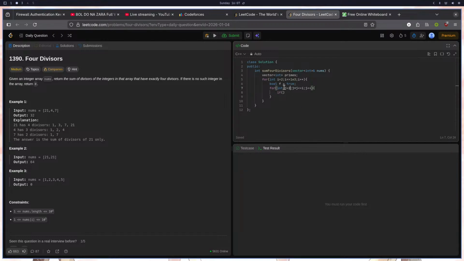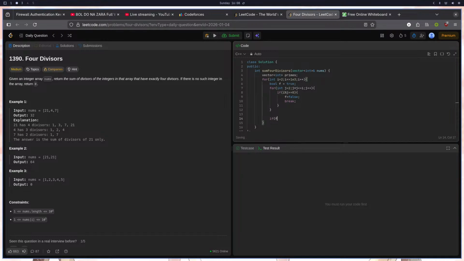j = 2j, हाँ, j <= i + j * j. If i % j == 0, then f = false, break.